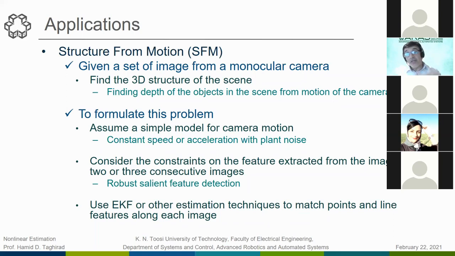This is another version that is similar to the extended Kalman filter in terms of the concept behind it, but in terms of application and implementation is quite different. You put a number of random points there, and then instead of having a very large number of states to be estimated, we can reduce the size of the problem and use the particle filter there.